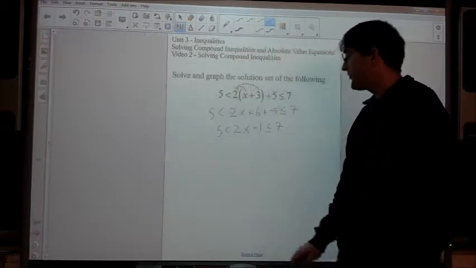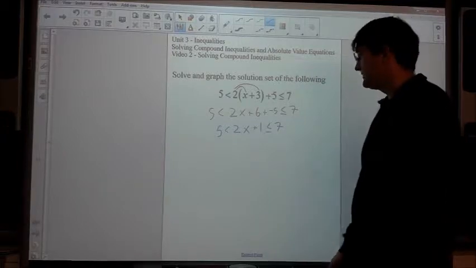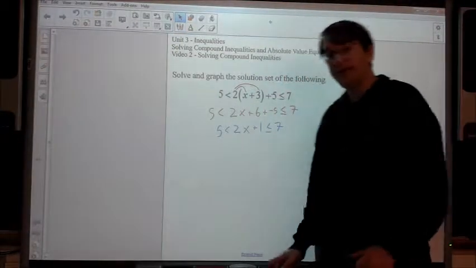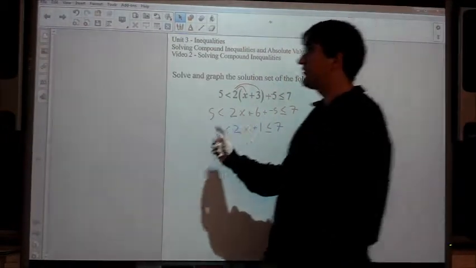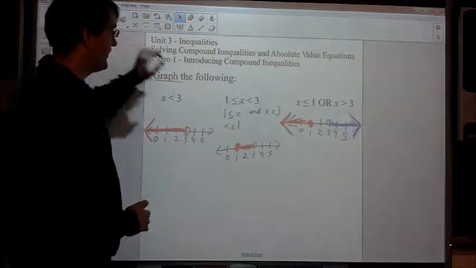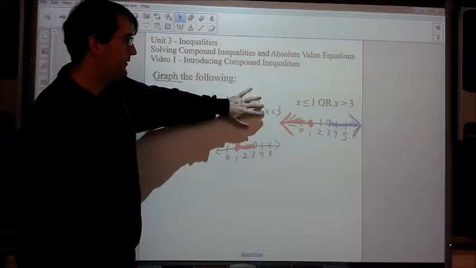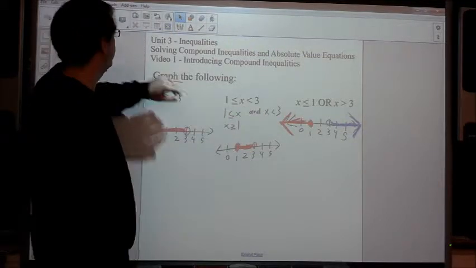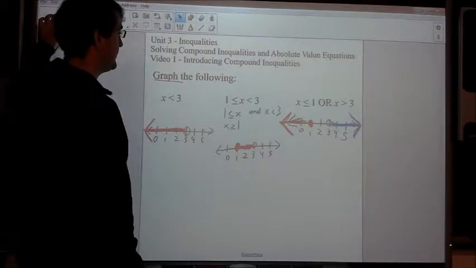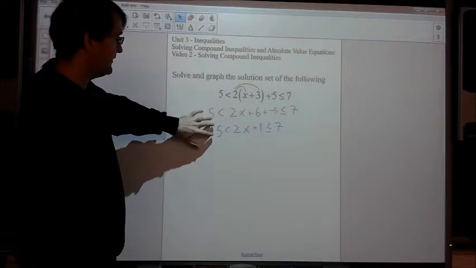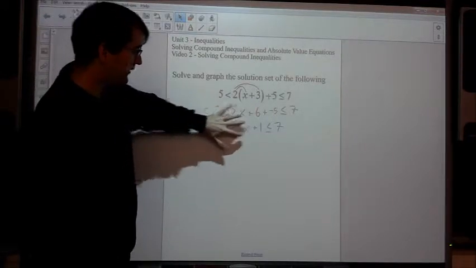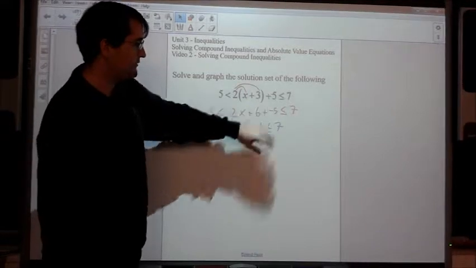Okay, so now what? Now that I've done that, I can treat this just like I treated my previous example, where I had a compound inequality and I thought about splitting it up into two different inequality statements. What I have here is 5 is less than 2x plus 1 is less than or equal to 7.